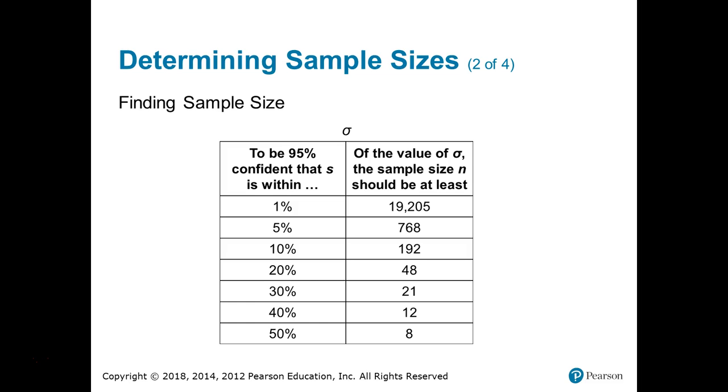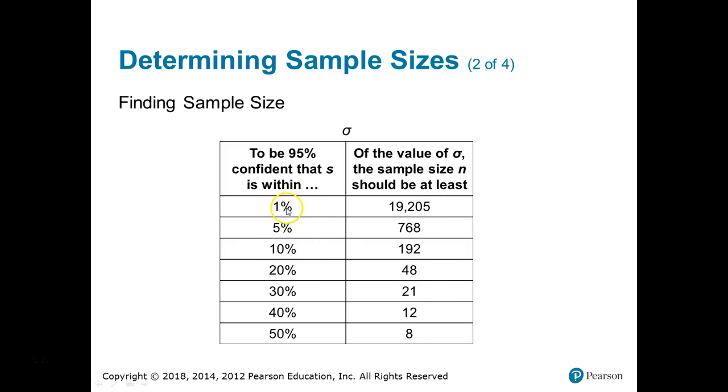So to be 95% confident that s is within 1%, 5%, 10%, 20%, 30%, 40%, 50% of sigma, you can use a sample size n of at least this many.